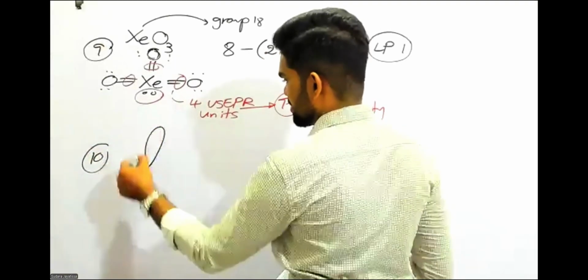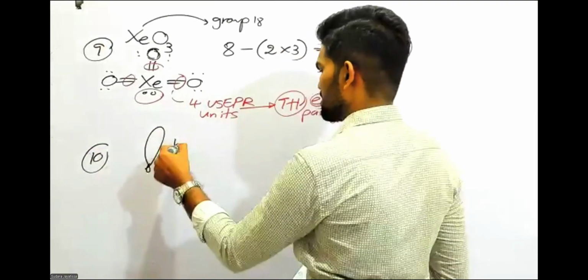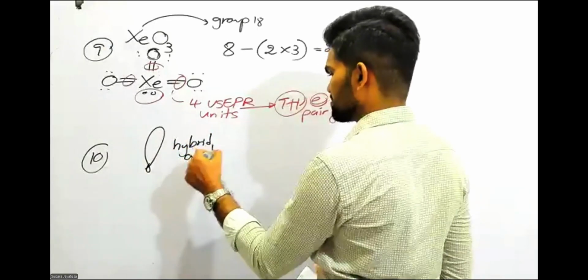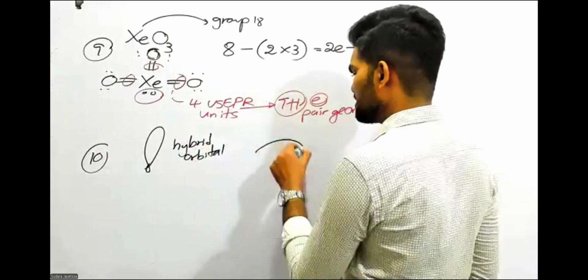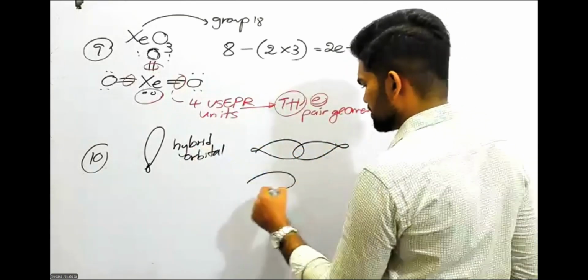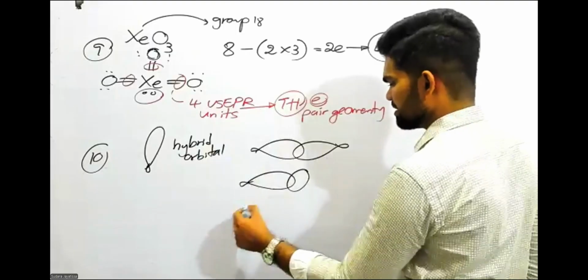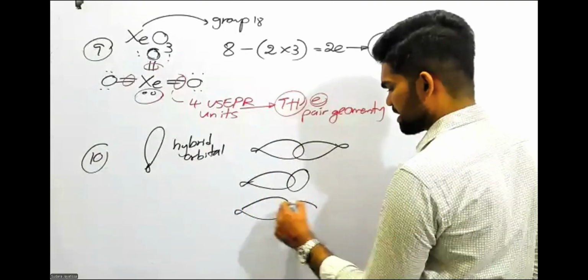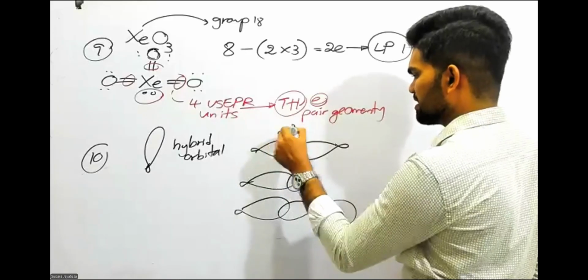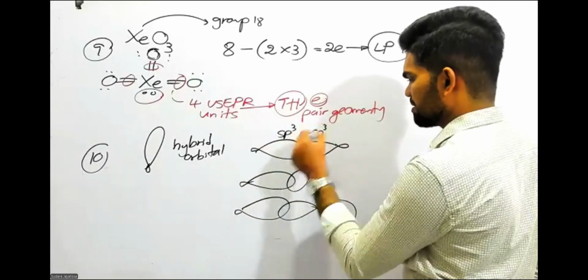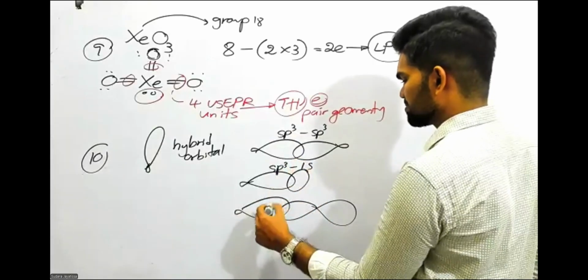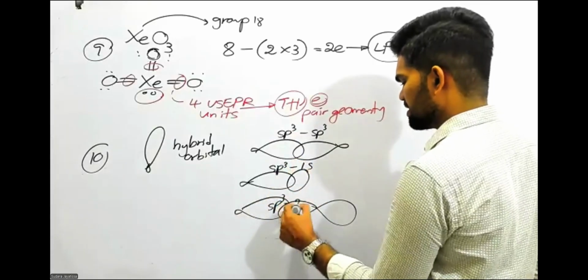So these are the hybrid orbitals. If hybrid orbitals are overlapping linearly with another hybrid orbital or linearly with an atomic orbital, it can happen like this. So this is, let's say, sp3 1s overlap. sp3 2p overlap.